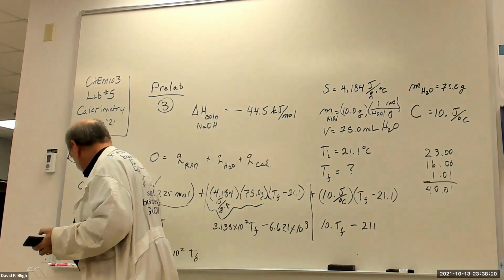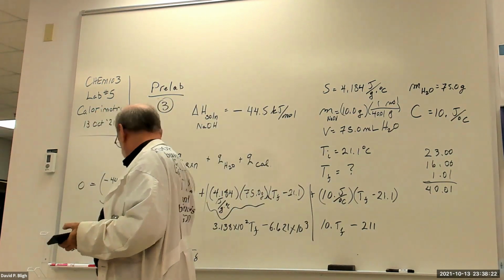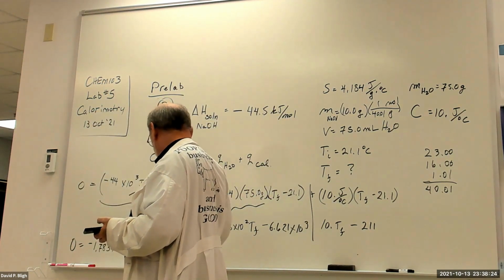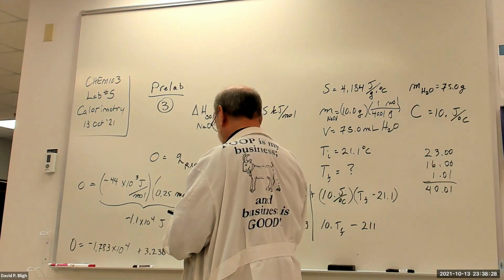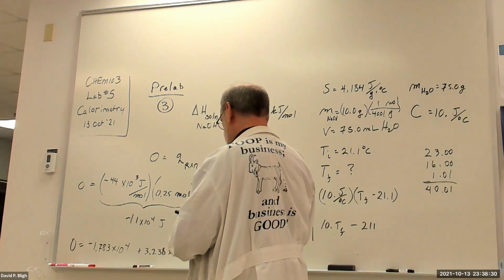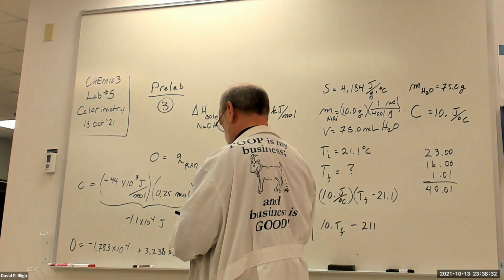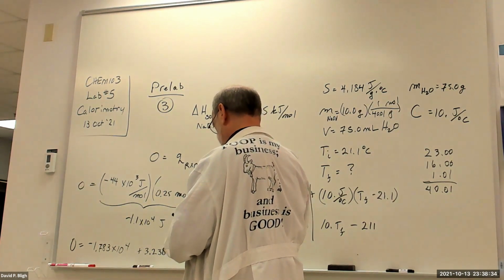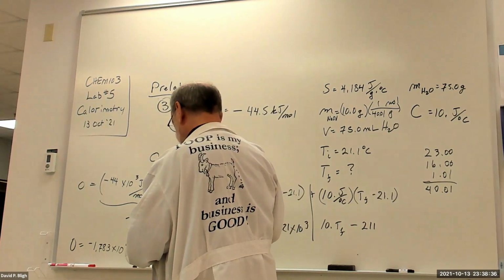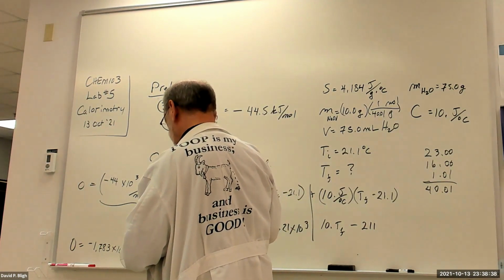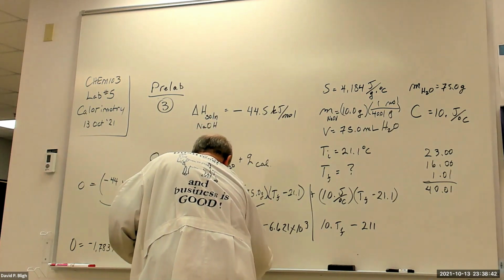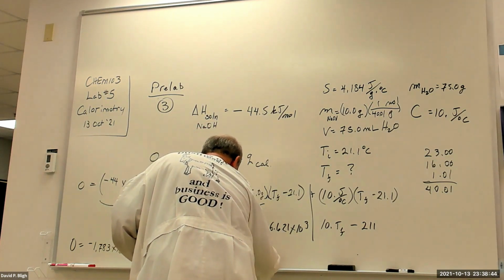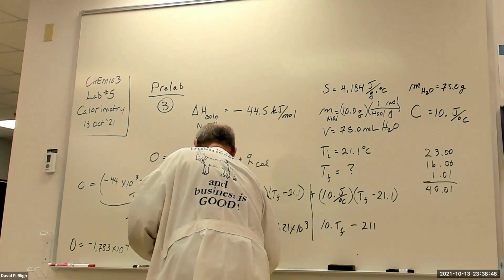So if we move this one to the other side, it makes it positive, and then divide by this one, we should get the final temperature. Yep. 55.1 degrees C.